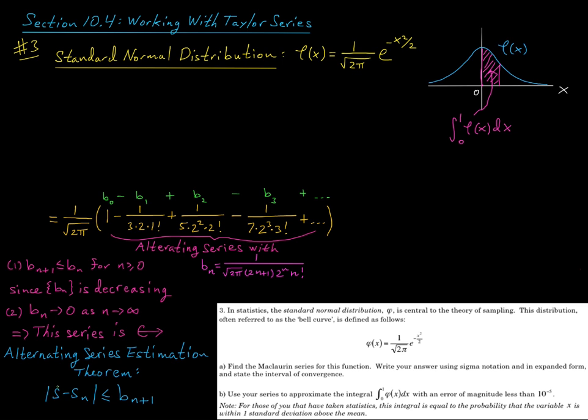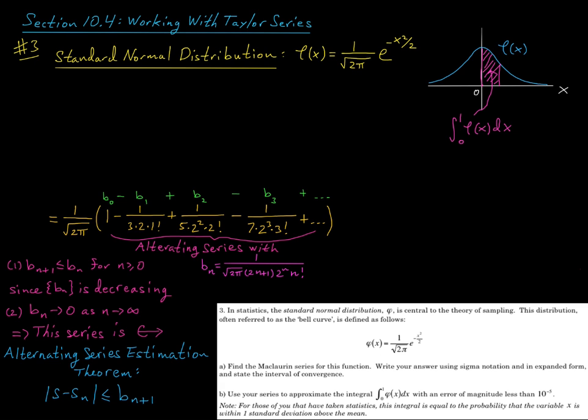It says that the exact value of the series, which is s, minus our approximation, s sub n, where we sum up until we get to the b sub n term, this error in absolute value is bounded above by b sub n plus 1. Or put another way, it's bounded above by the first discarded term.